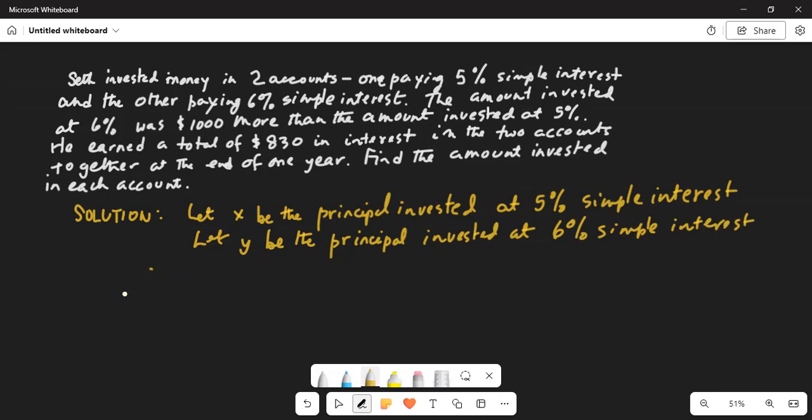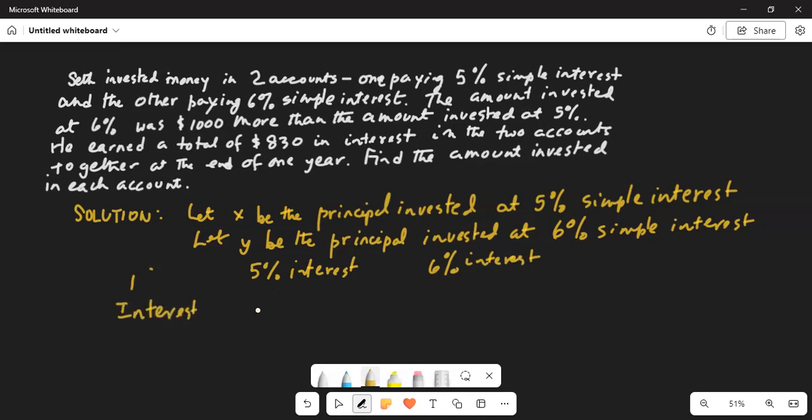So let's do it this way. Principal, 5% interest and 6% interest, two columns. And interest.